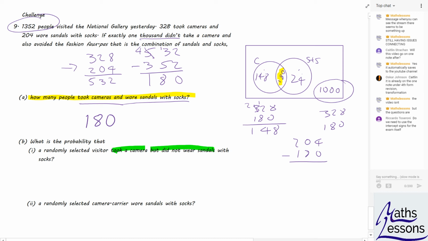So they took a camera, so we're in this area here, but we didn't wear the sandals and socks, so it only leaves us this bit here. We don't need this bit, the 180, so therefore it's going to be 148. But it says probability, so that's out of 1,352. If it doesn't ask you to cancel down, you can just leave your answer like that.